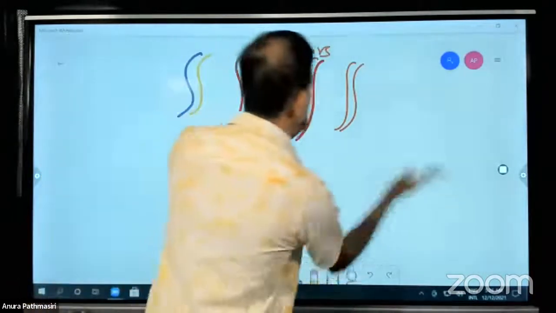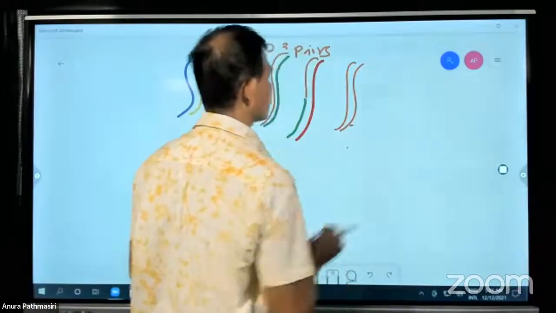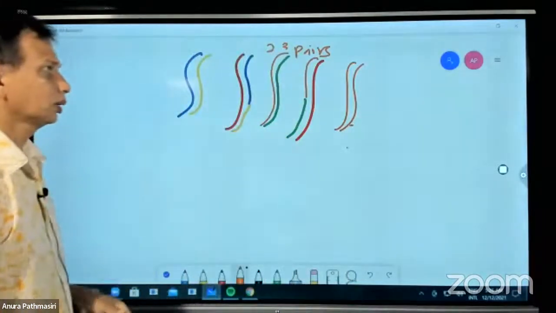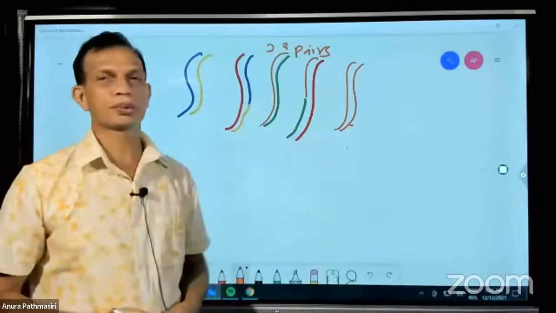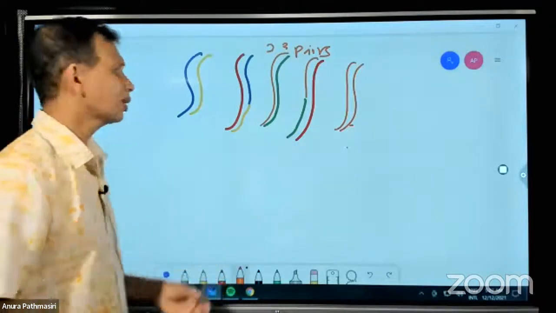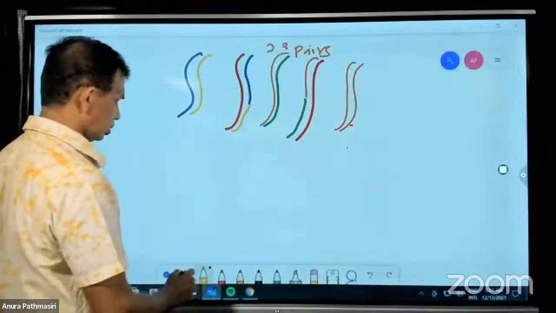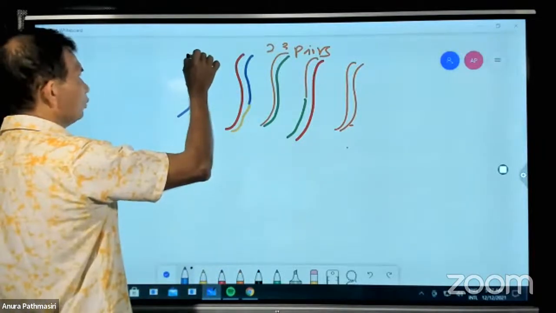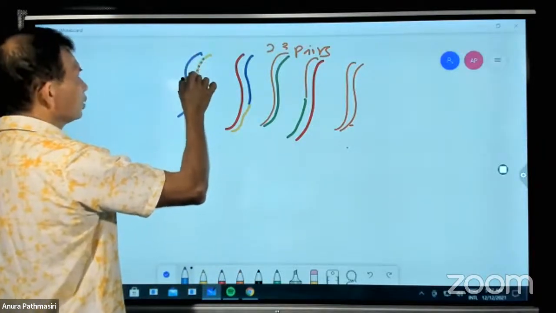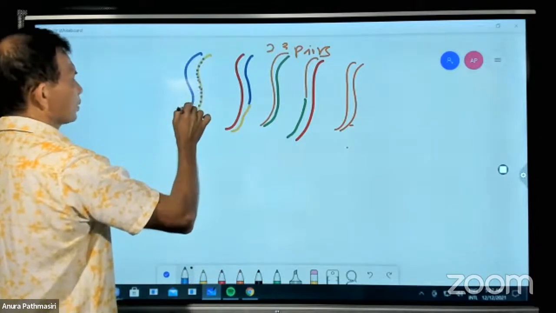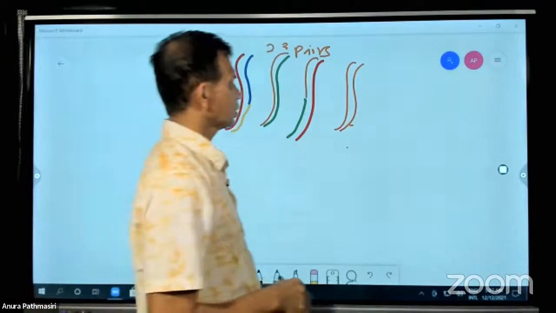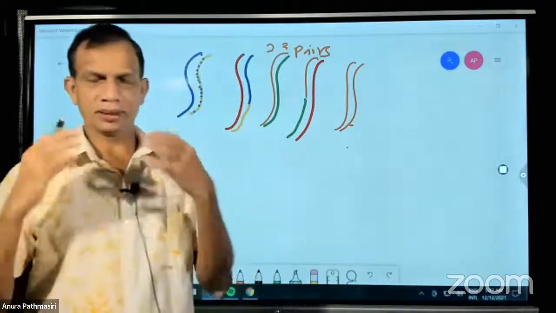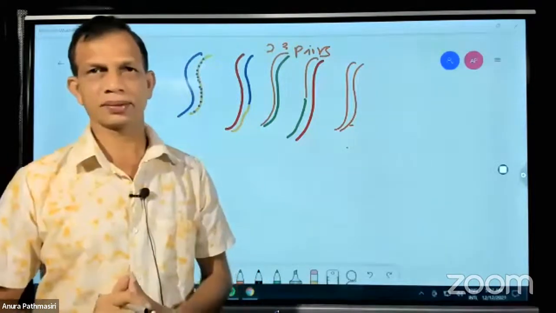The reason for having these chromosomes is that they carry the genes. They have thousands of genes, protein molecules responsible for designing our characteristics.